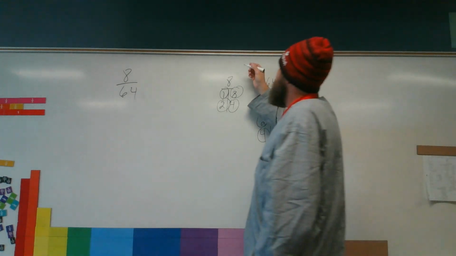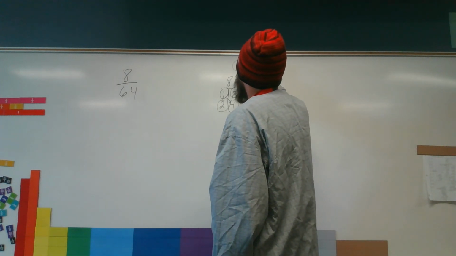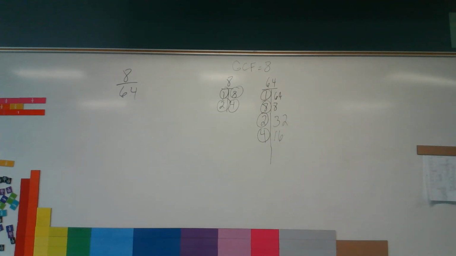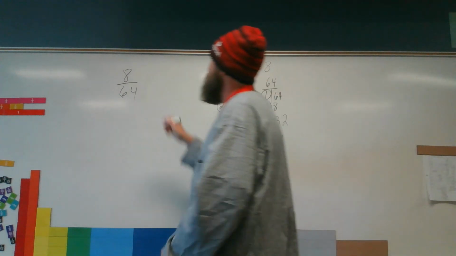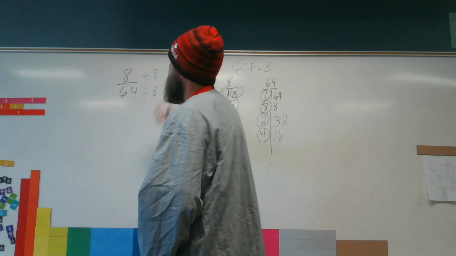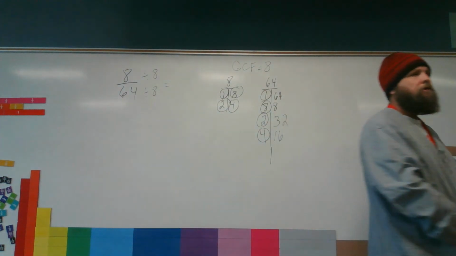So the greatest common factor is 8. Now once you know the greatest common factor, all you have to do is divide the numerator by that factor. So 8 divided by 8 and 64 divided by 8. And this will give us our simplified fraction.